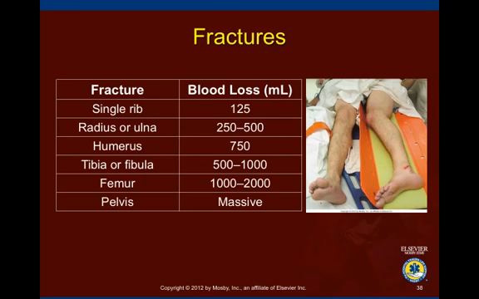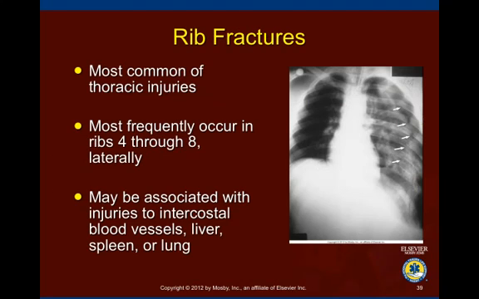And so I think, most of the time when we see humeral fractures, those tend to be some of the elderly patients who are falling. And so let's not underestimate the potential blood loss there. That's half as much as a femur. One femur, a liter or so, up to 2 liters, both femurs can be 30% of your blood volume right there, and the pelvis can be most of it.